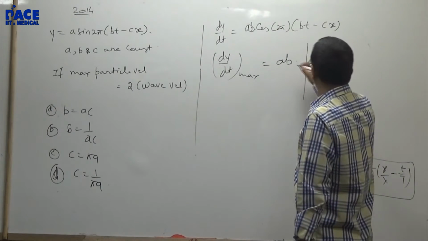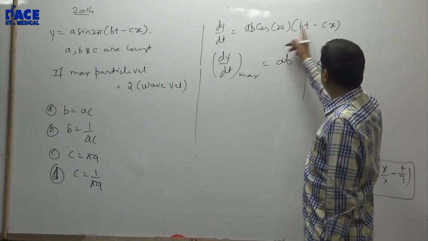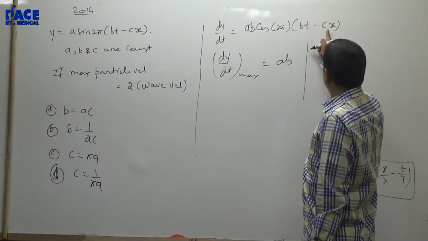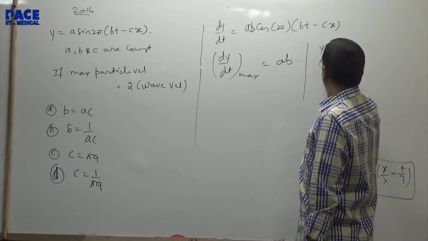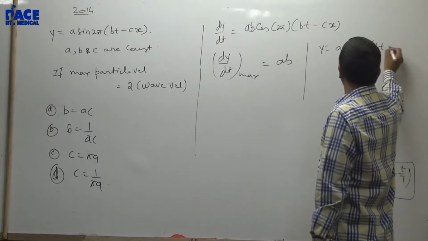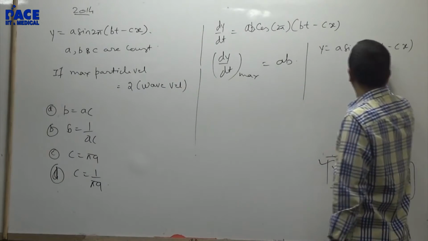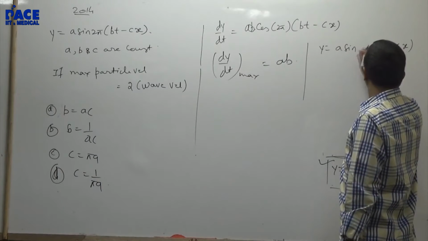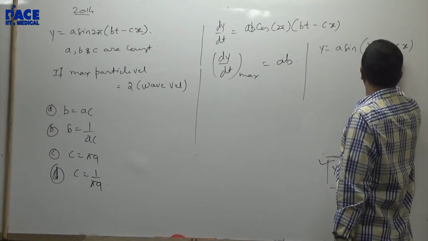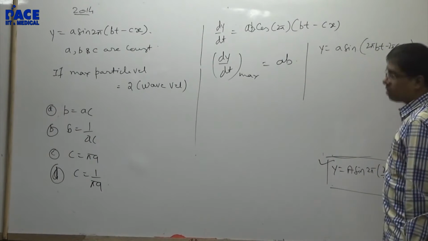Second, what is the wave velocity? Wave velocity, have a look at it. How do I get that? Y is equal to a sin 2 pi bt minus cx. Right? Take 2 pi inside. This will be 2 pi b minus 2 pi c, omega t minus kx.